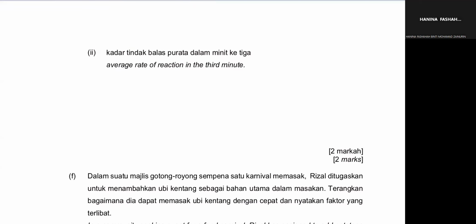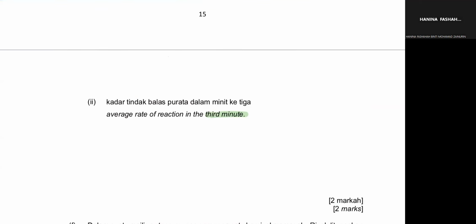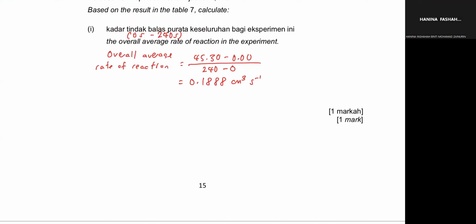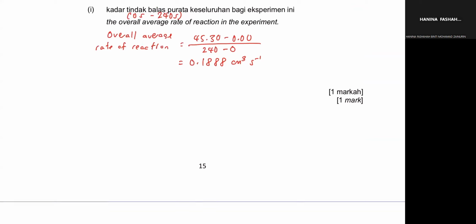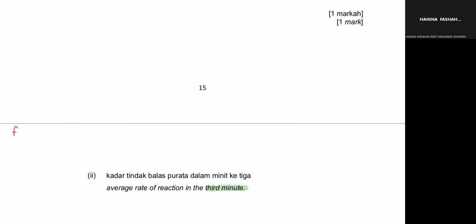Then the second one now, the third minute now. Sometimes they like to ask this. So now this one is the first minute, this one is the second minute, this one the third minute, this one the fourth minute. How do we calculate now? I show you. The first minute is usually 0 to 60 seconds.